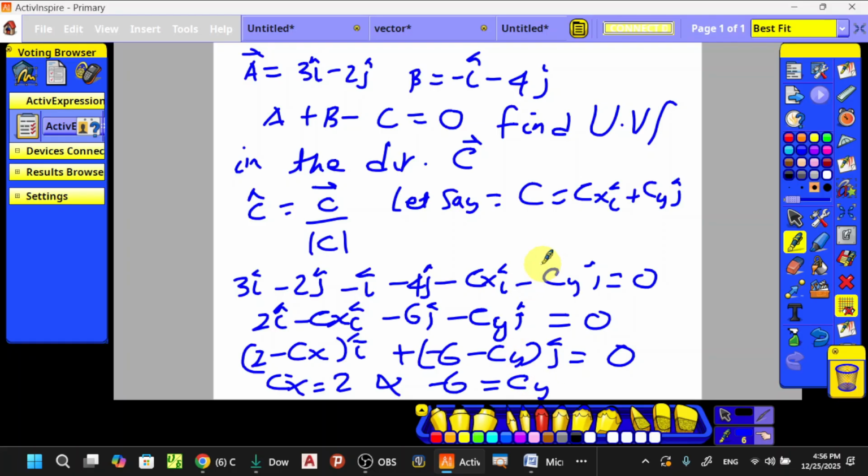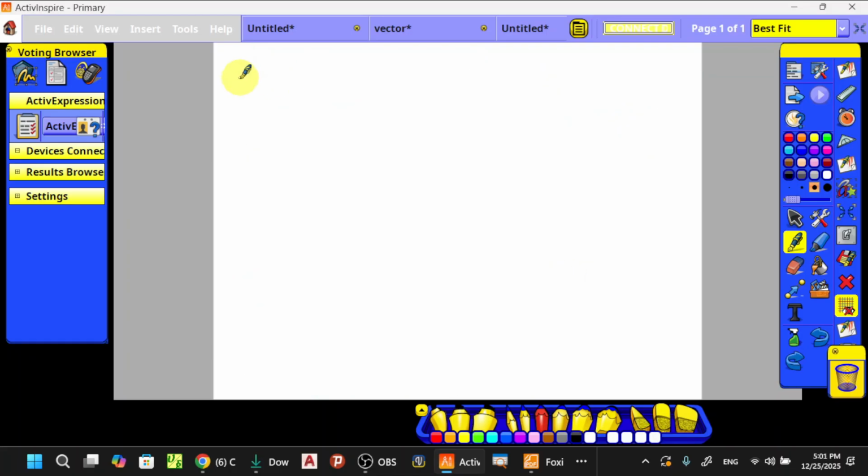So cx is equal to 2 and cy is equal to minus 6. So c is equal to 2 in the i minus 6 in j.